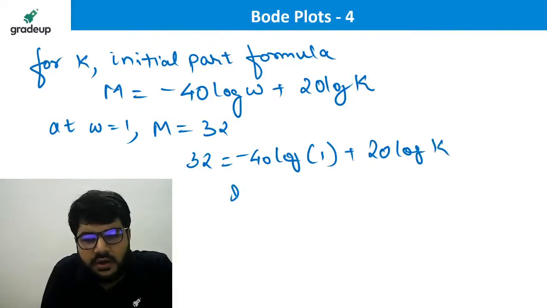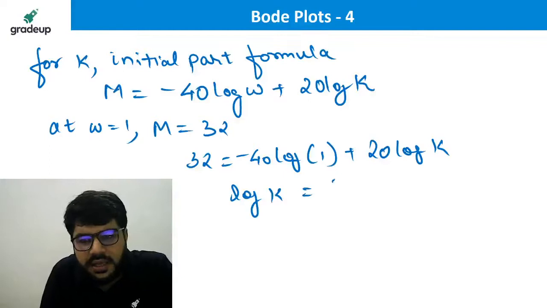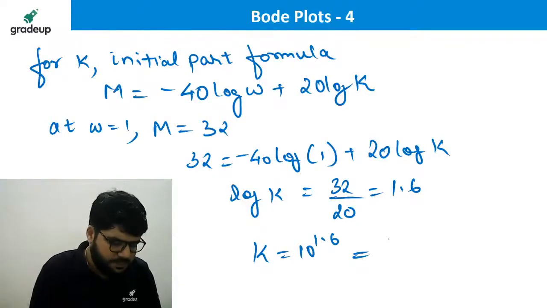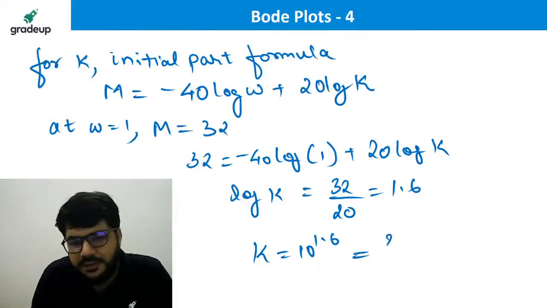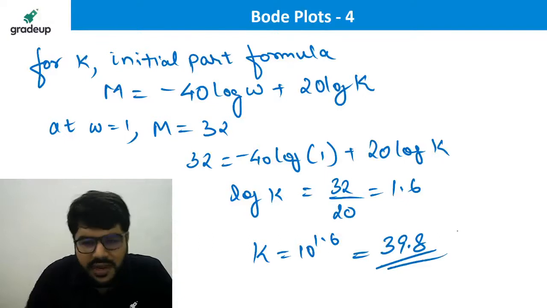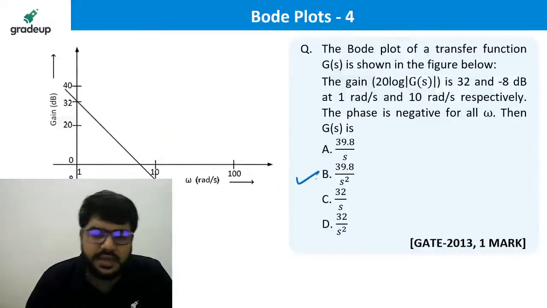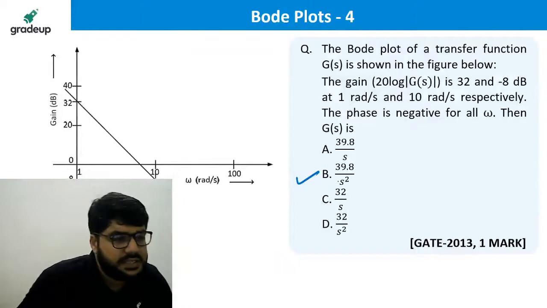So log K is 32 divided by 20, that is 1.6. So K is equal to 10 raised to the power 1.6, which is 39.8. So 39.8 divided by s square. Option number B is correct.